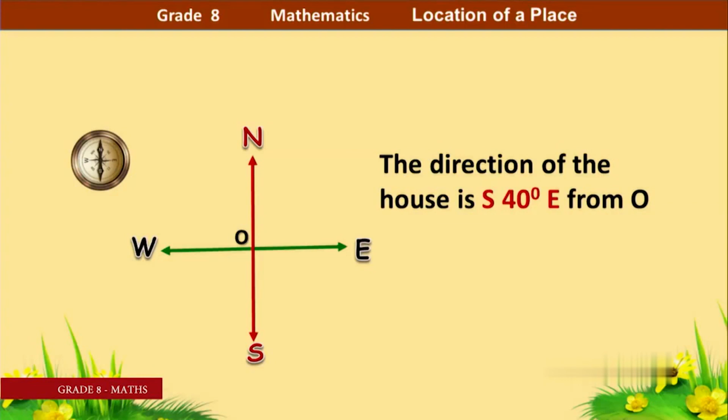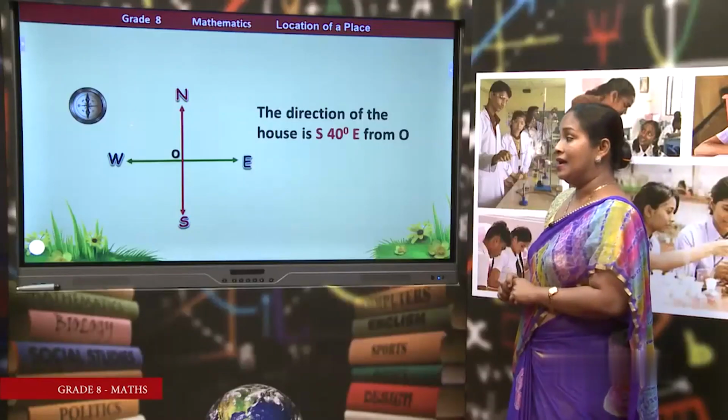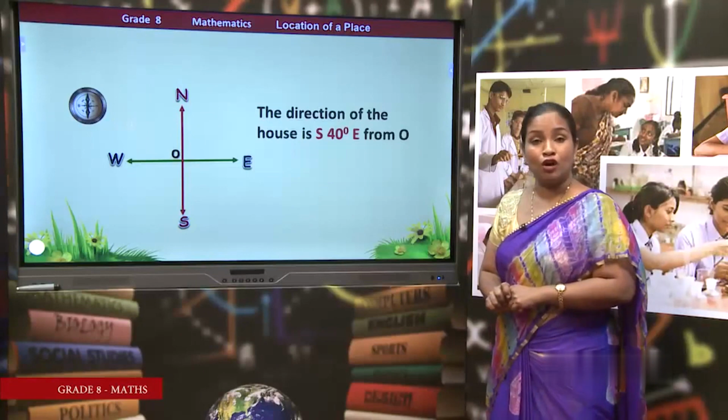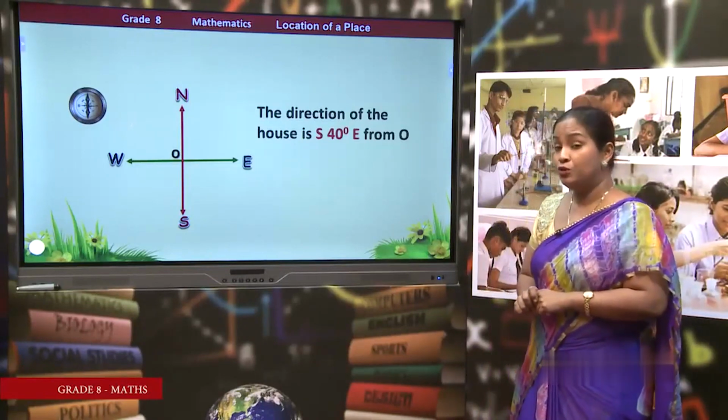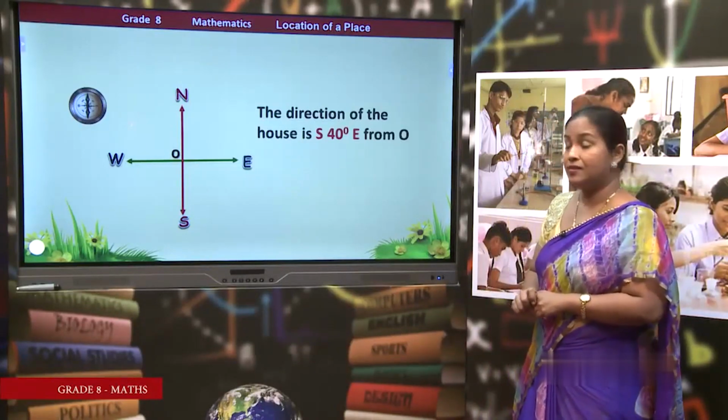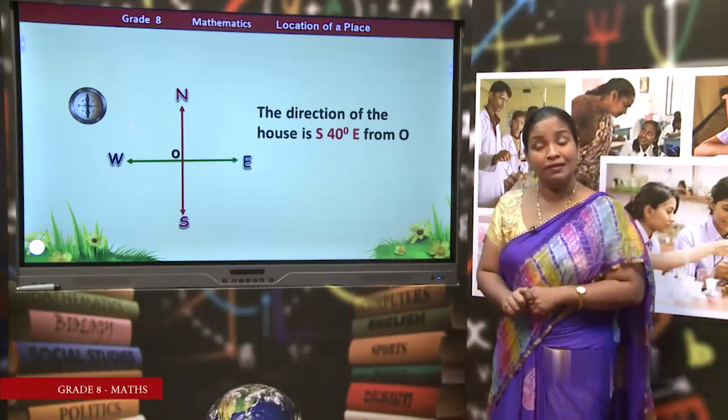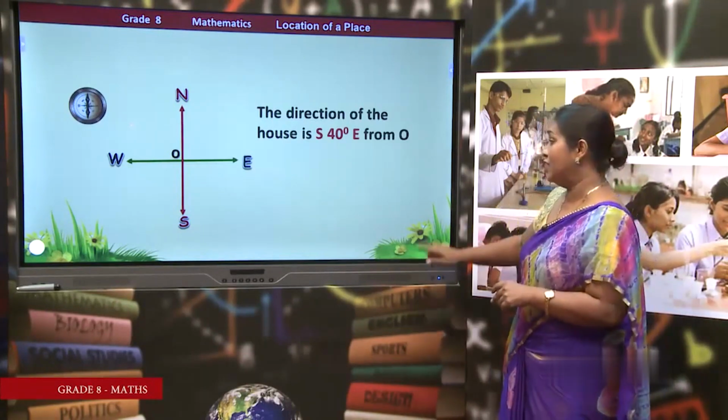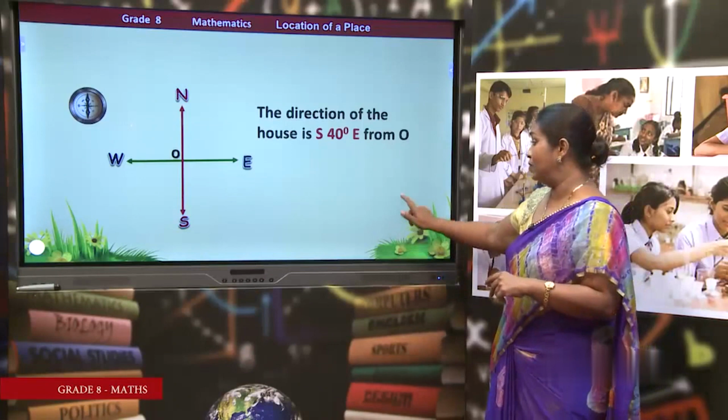The direction of the house is capital S 40 degrees, capital E from O. So, the house is seen from the position O. The angle should start from the south direction, to which way? To east. What is the magnitude of the angle? That is 40 degrees. We will try to sketch it out.